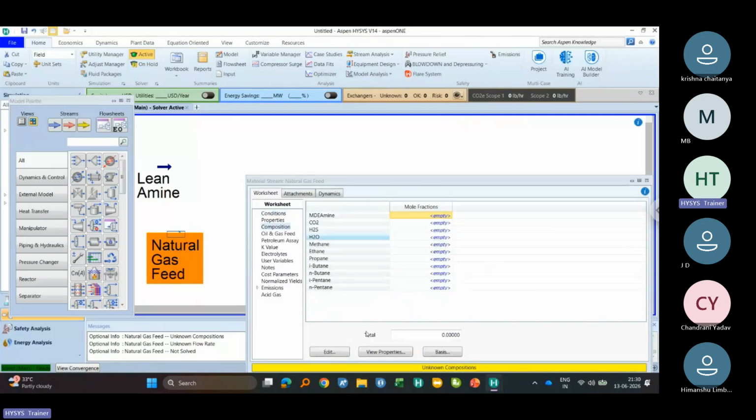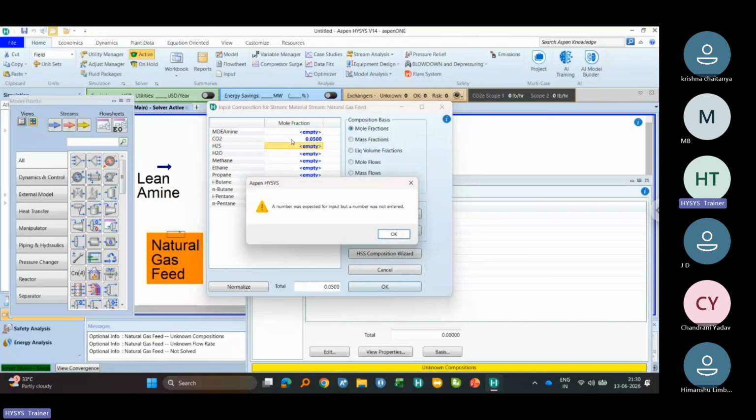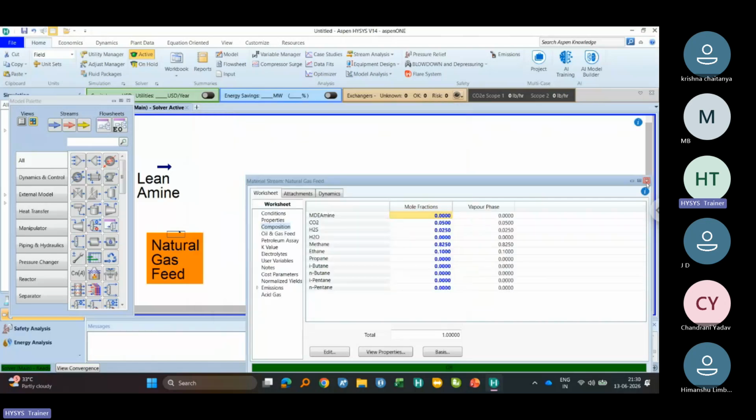The composition for this is H2S 0.05, sorry, 0.045, and methane is 0.8250 and ethane is 0.05. This is about the material streams.